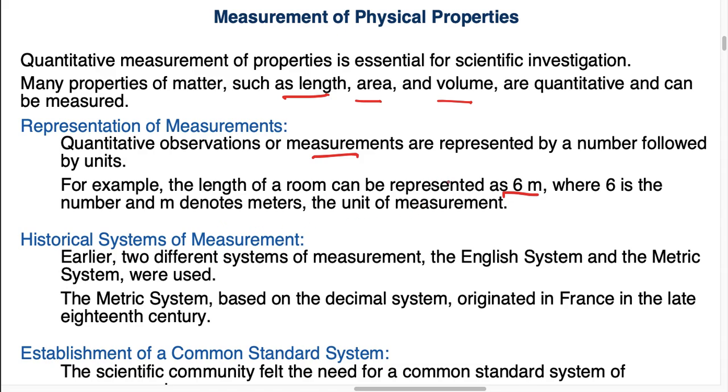So in 6 m, the m is the unit of measurement, which is meter, and 6 is a number. This is the representation of measurement.